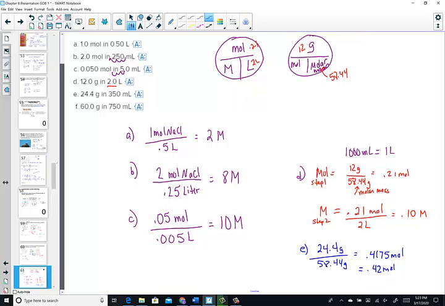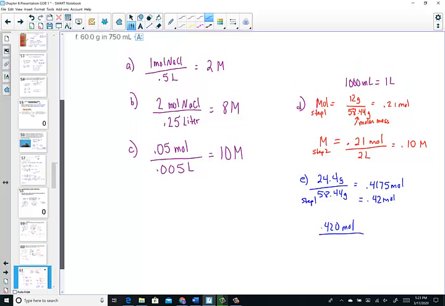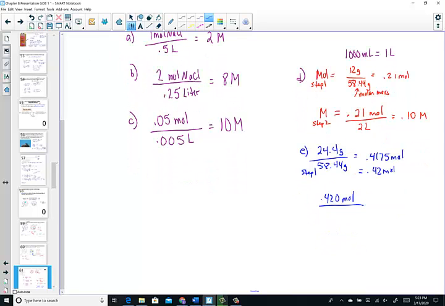And then that number of moles, so here's your step 1. Here's your step 2, the number of moles of solute per liter of solution. And that was given to us as 350 mils, right? So that's 0.35 liters. 0.42 divided by 0.35. This looks like 1.19. I'll round that to 1.2 molar units.